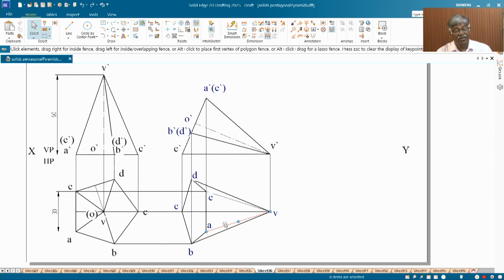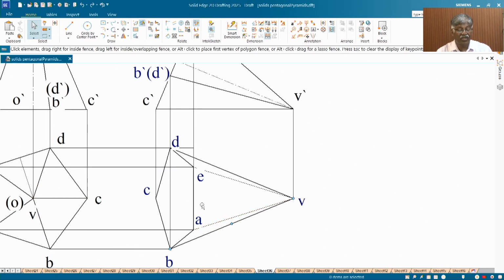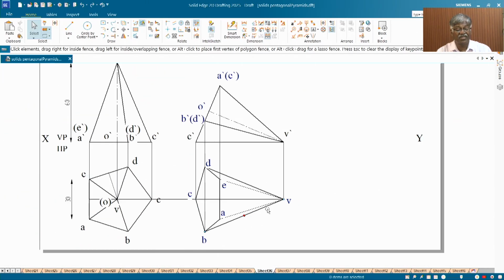Then there are two things. One is crossing line or bends. Here, visible surface, invisible line. Say there is only one line crossing the visible surface, that is CV, that is not visible. But it is also a fact that CV is away from you, so that is not visible. It is the only line which is not visible in this case.